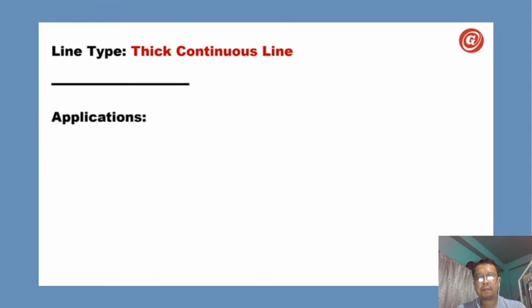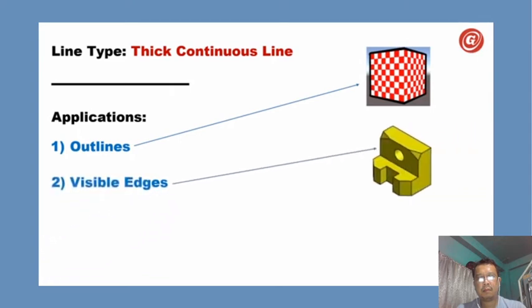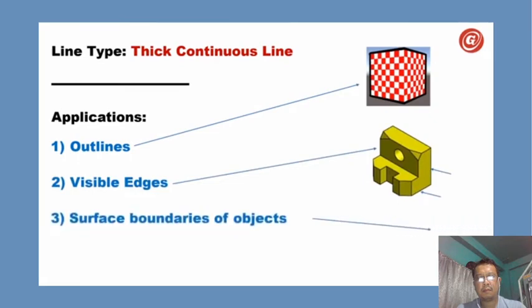Thick continuous line. This line is used to represent: 1. Outlines, 2. Visible edges, 3. Surface boundaries of objects, 4. Margin lines.